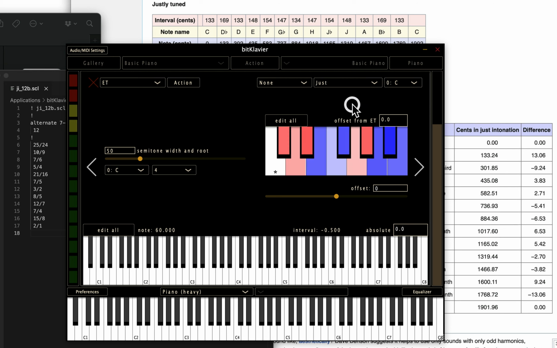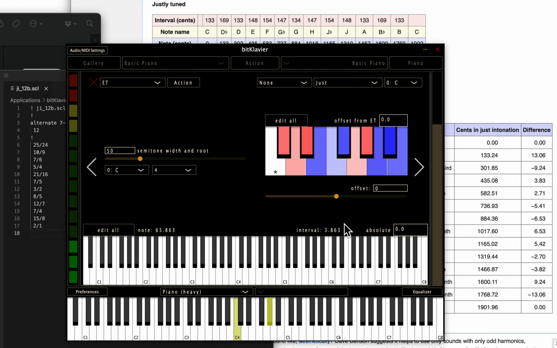If I set it to just, you'll notice actually they take on some different numbers. And what's interesting is that these two things are actually overlaid. So if I play a major third, which is actually, instead of 4 keys, is actually 8 keys. So it feels like a minor sixth on the keyboard, but because it's a quarter tone keyboard, it sounds a major third.